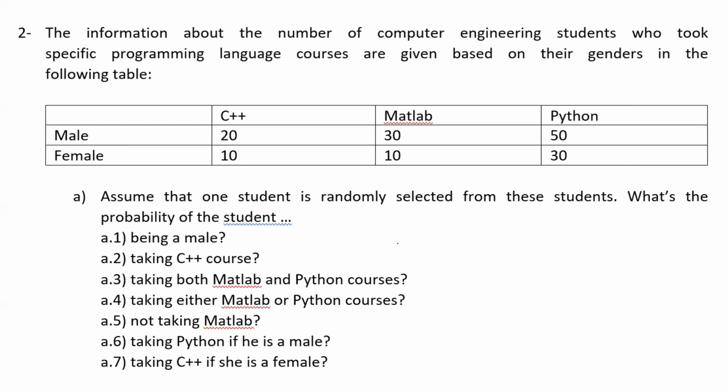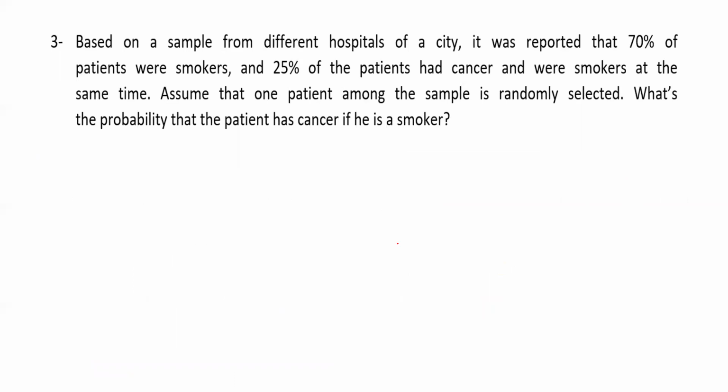Okay, guys, for the next question, let me explain it in another video. I will solve 3 different exercises related to conditional probabilities so that we know exactly when to use that simple formula, when to use the rule related to Bayes, and also law of total probability.